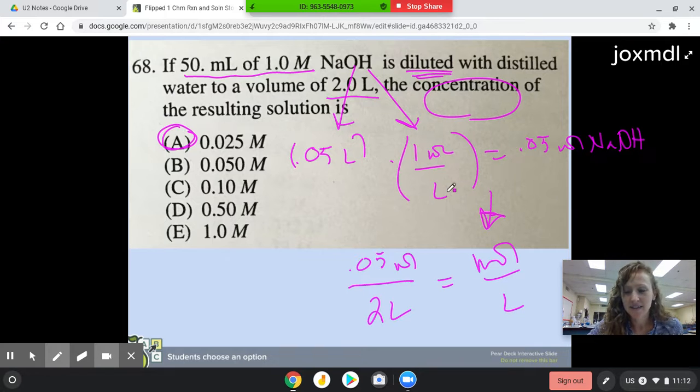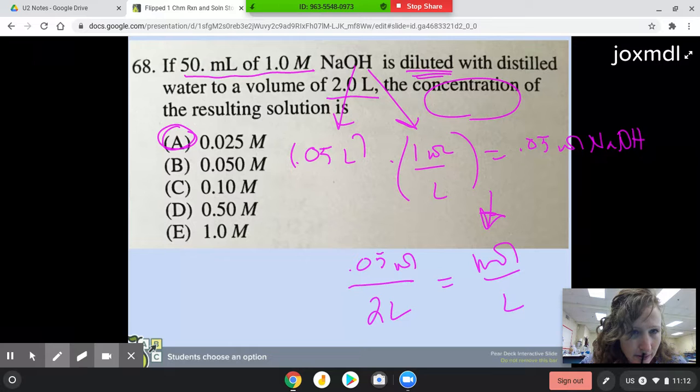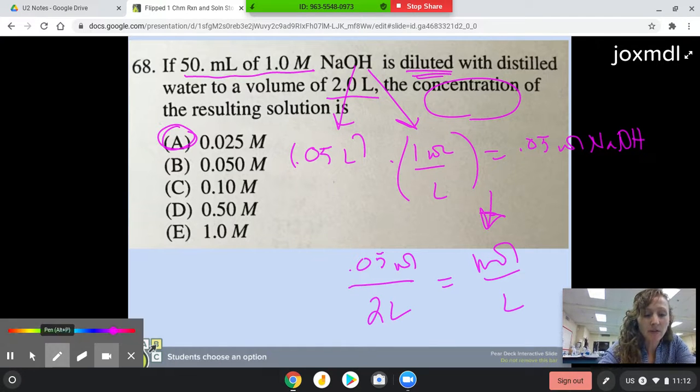I just multiplied 0.05 by 2 because I thought that 0.05 was the moles per 1 liter, and so then I multiplied it by 2 to get 2 liters instead of dividing. Oh, okay. So let's look at that math real fast. I mean, you're close, right? You're on the right track.